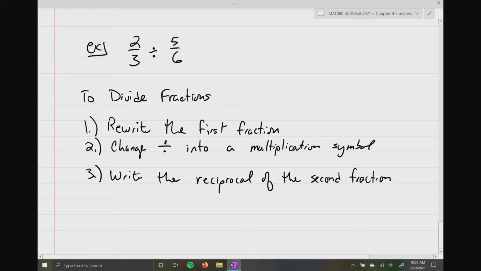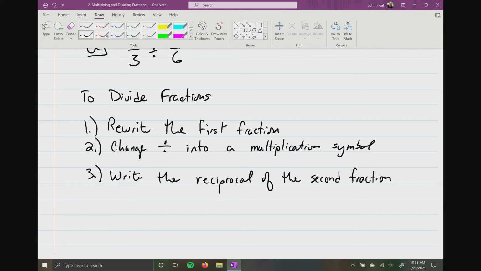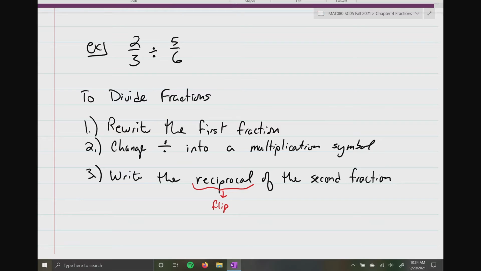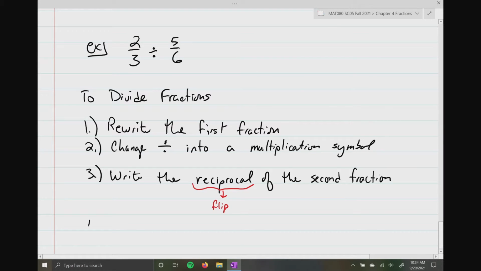All right, now that word reciprocal is a really fancy math word for flip. Just flip the fraction upside down. And the last step, follow rules for multiplying fractions.